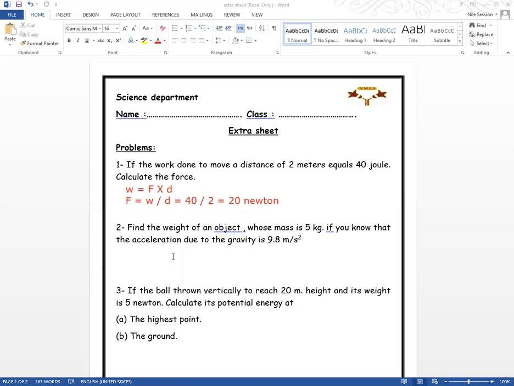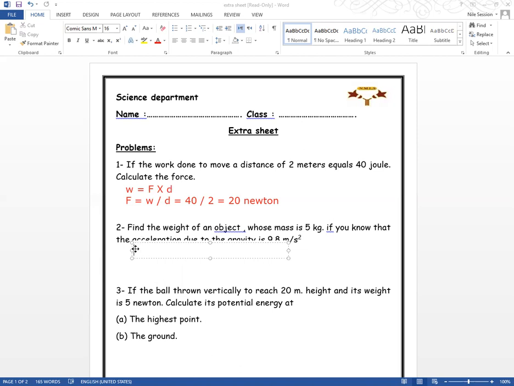Number 2, find the weight of an object whose mass is 5 kilogram, if you know that the acceleration due to gravity is 9.8. We need the weight. So the weight equals what? Equals mass times acceleration of gravity.